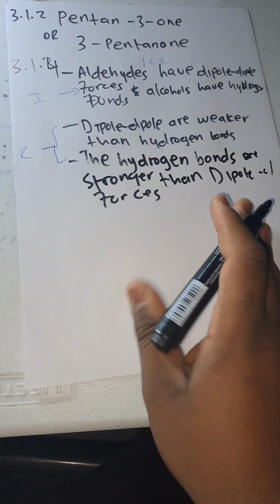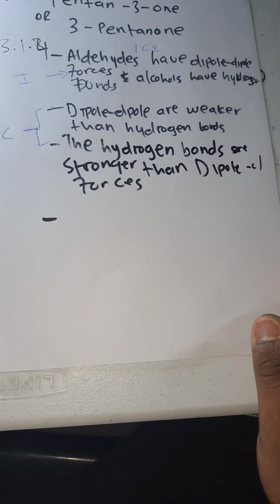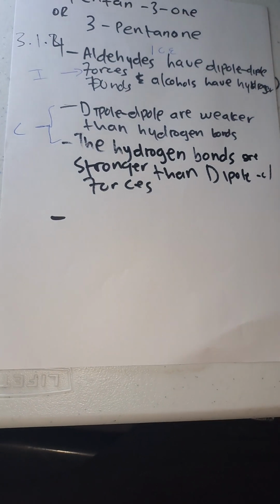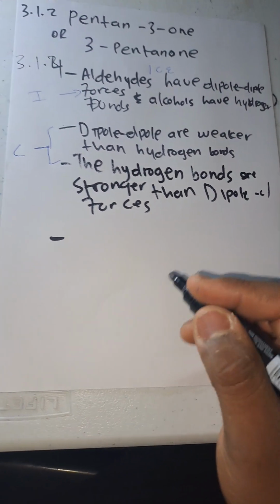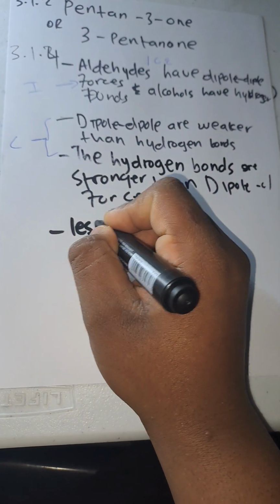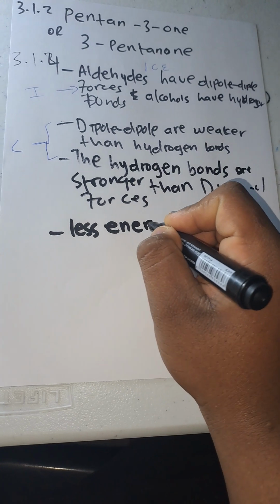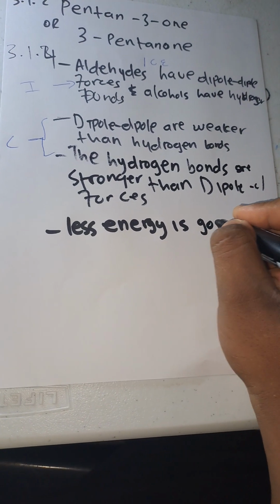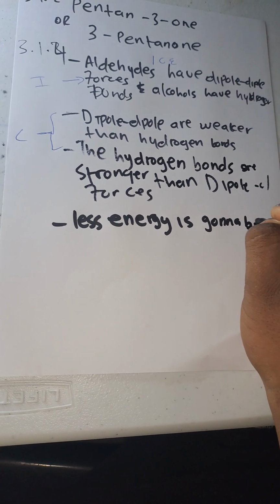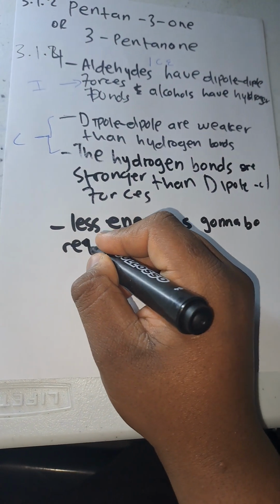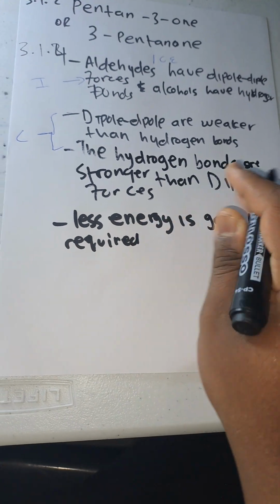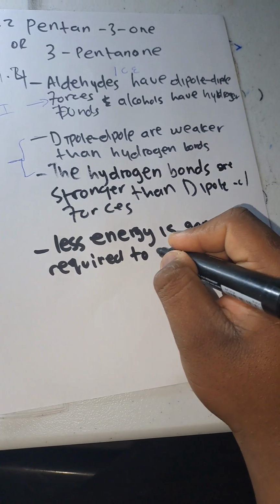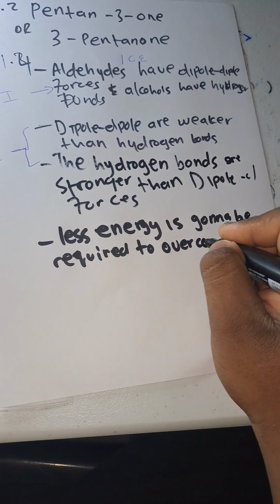So now, I'm simply going to write one step there. Is it fine? So now, let's collect our 3rd mark. So I'm going to say less energy is going to be required to overcome the intermolecular forces. Be careful there.